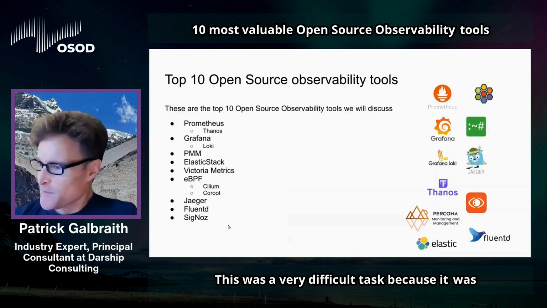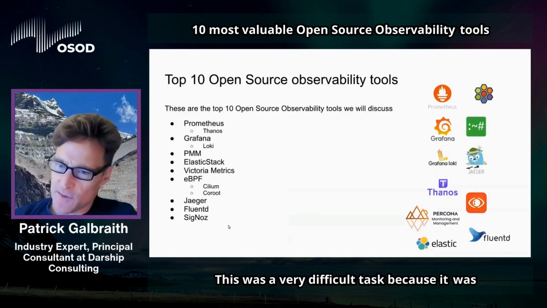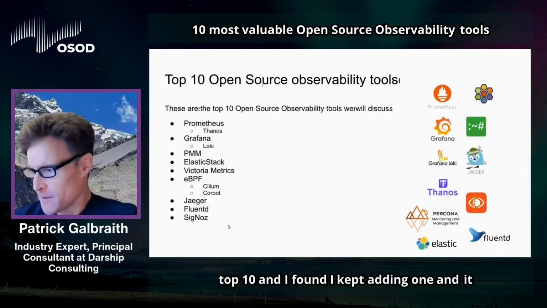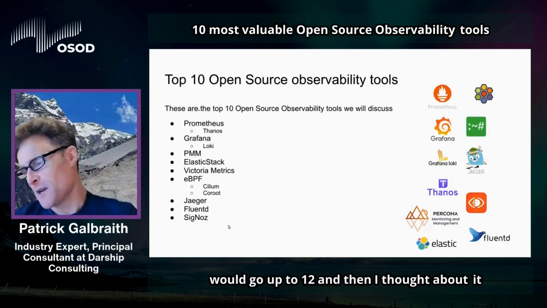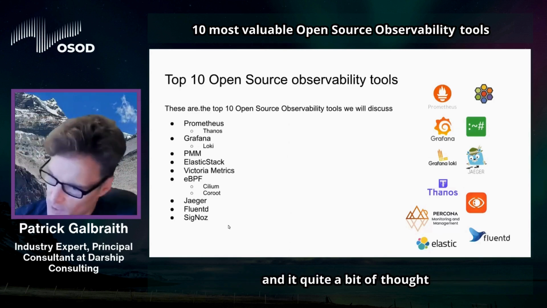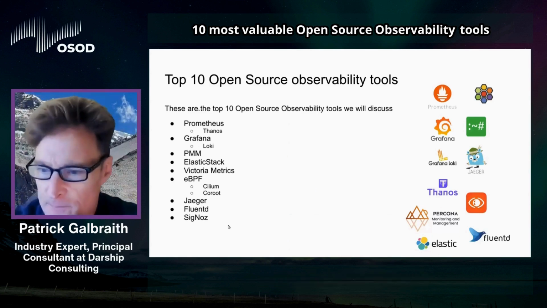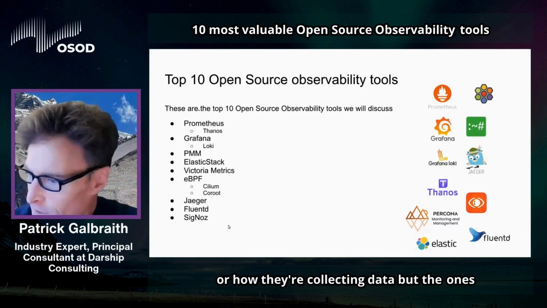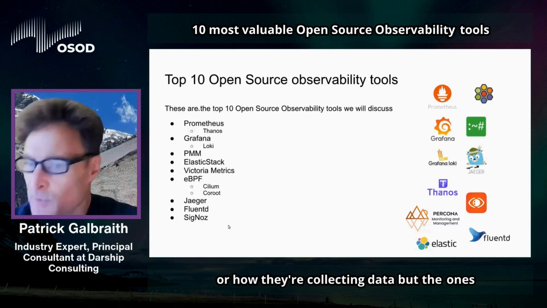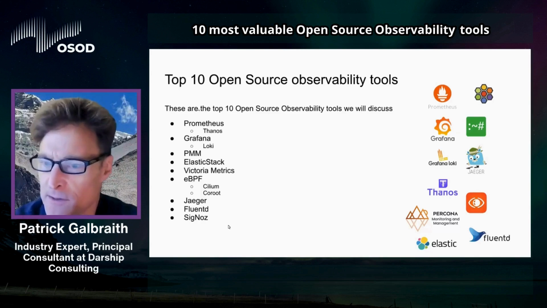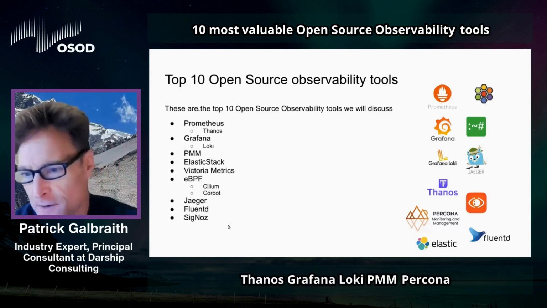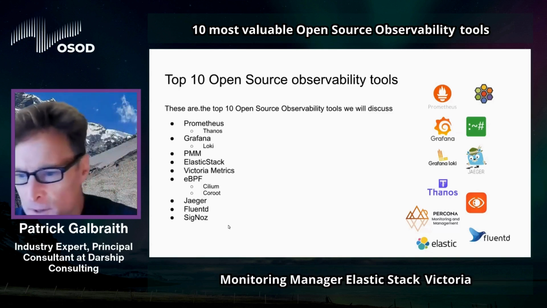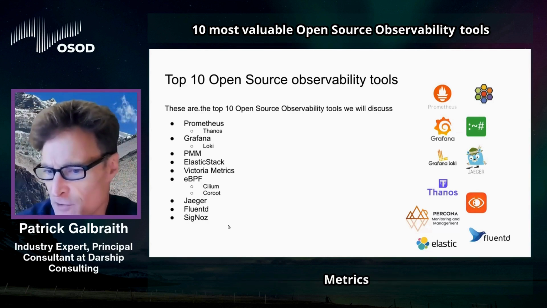So this was a very difficult task because it was top 10, and I kept adding one, and it would go up to 12. And then I thought about it and gave it quite a bit of thought, and I came up with this list. Some of these are collapsed into categories or how they're collecting data, but the ones we're going to discuss in this are Prometheus, Thanos, Grafana, Loki, PMM, Percona Monitoring Manager, Elastic Stack, Victoria Metrics.